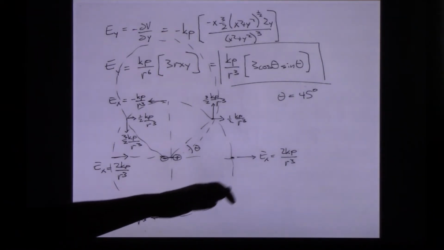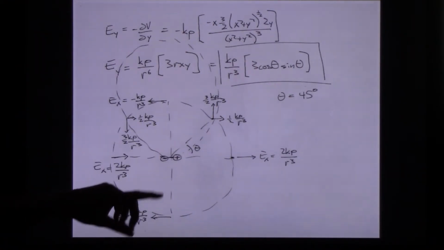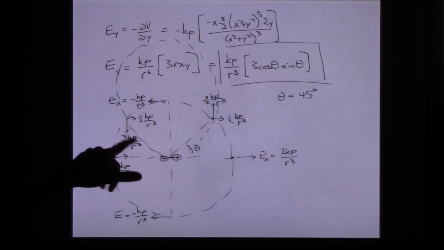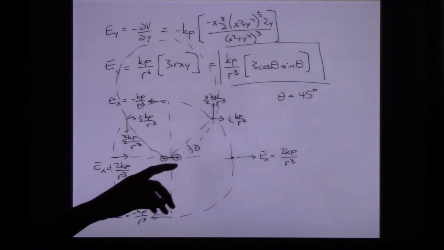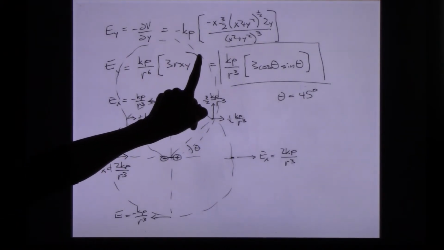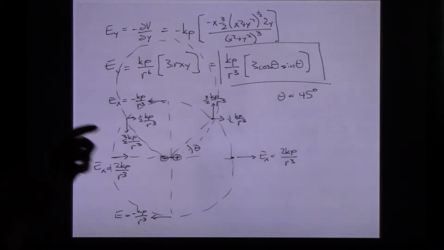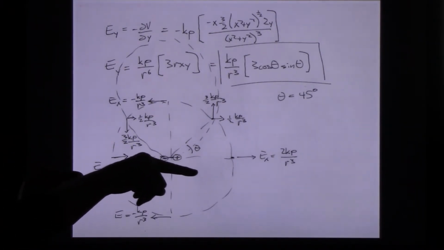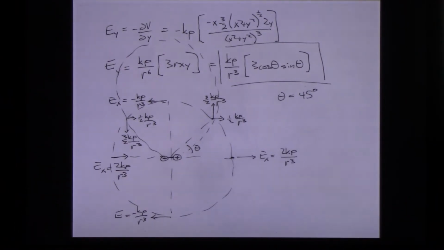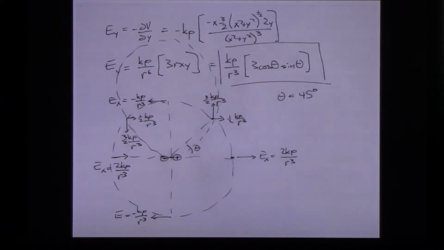Now, since I didn't get any y components here, I moved on to 45 degrees and 135 degrees, at pi over 4 and 3/4 pi. And in those cases, I got x components, which were still pointing in the positive directions at those two locations. And then here I got a vertical component.